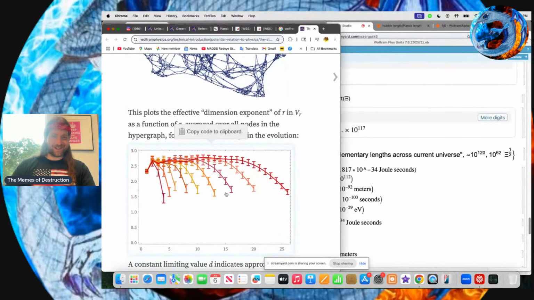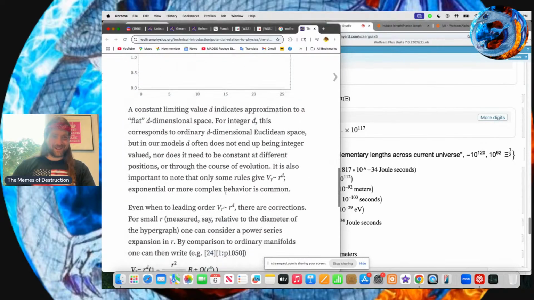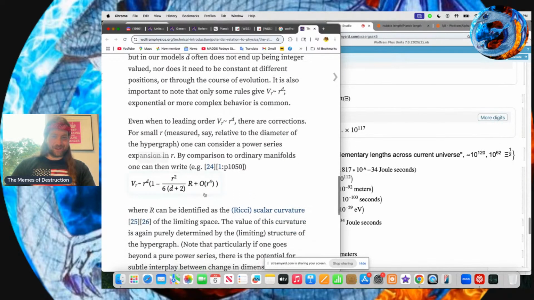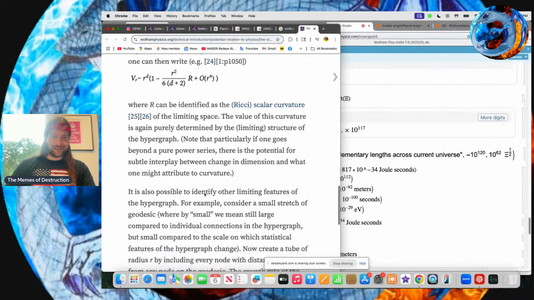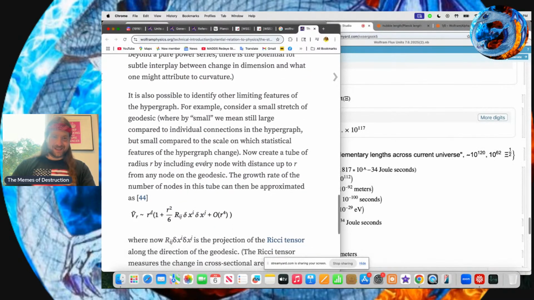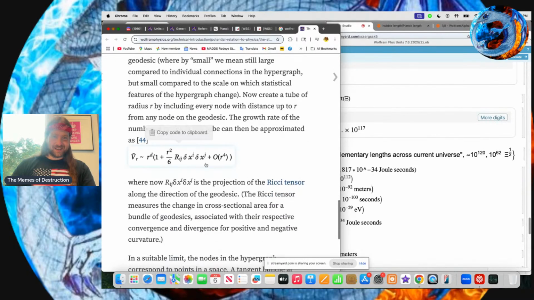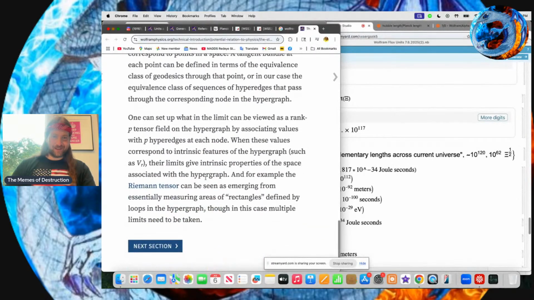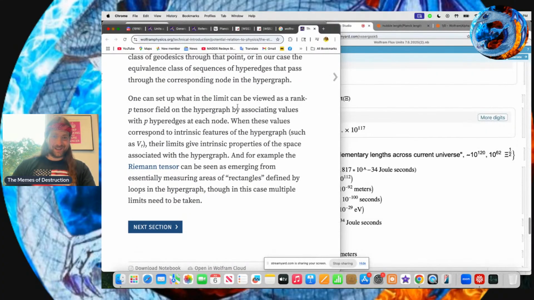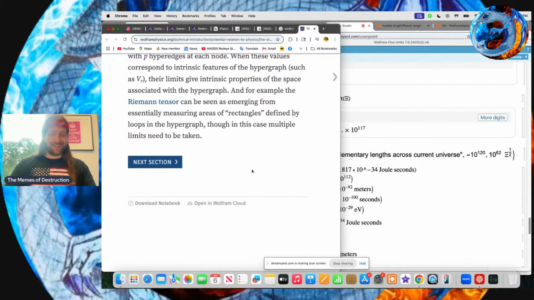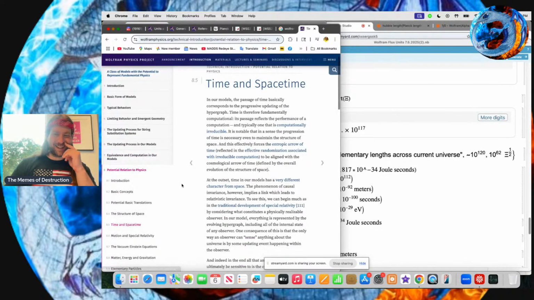Okay, so I think they did a log thingy for this. Ordinary manifold. It's okay. Where reach a scalar value, the curvature. Okay, so they're modeling a cylinder. Okay, we've got into the tensor fields and the Riemann tensor. So yeah.